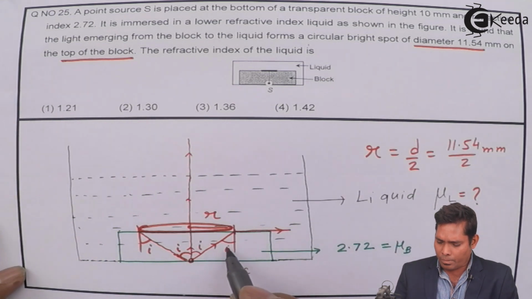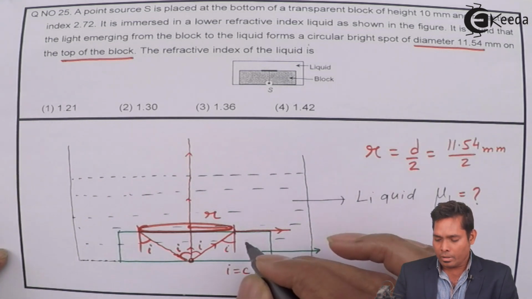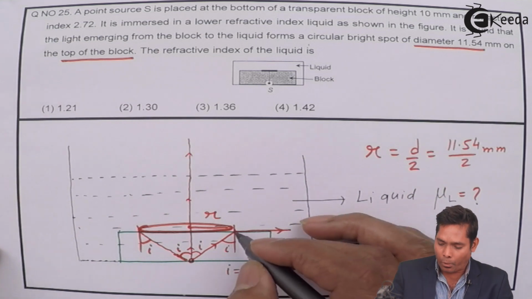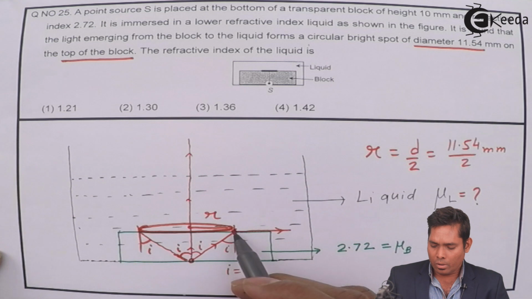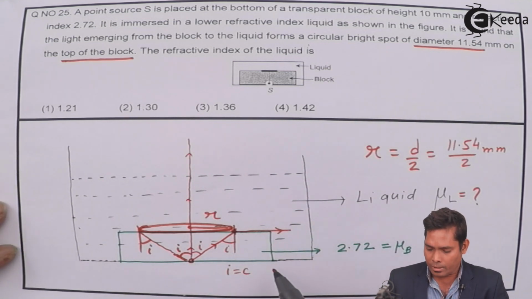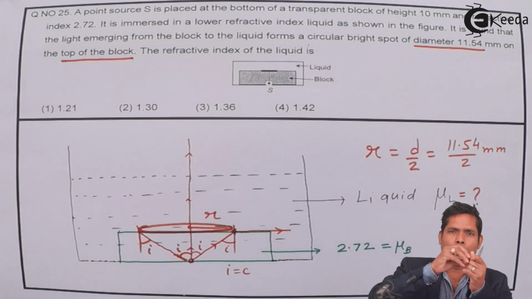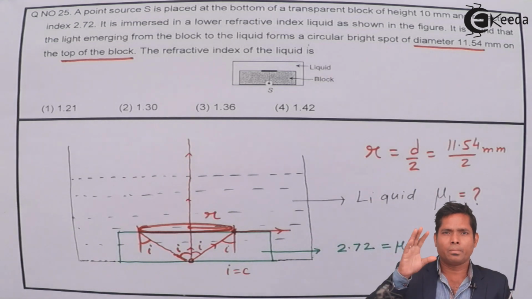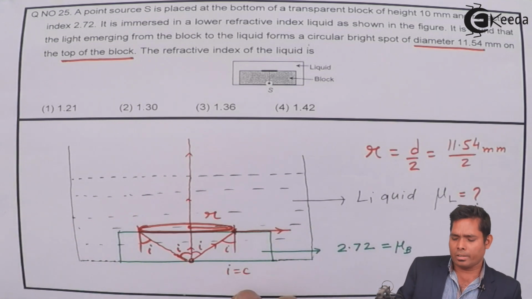So if this angle is the critical angle, then we can apply Snell's law at this point. Applying Snell's law, we know that light is moving from denser medium to rarer medium, because critical angle and total internal reflection happen only when light moves from denser medium to rarer medium.